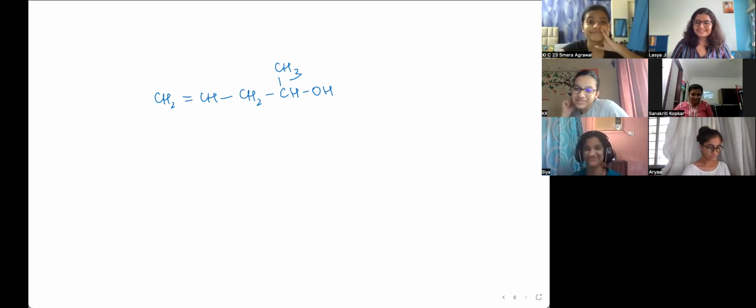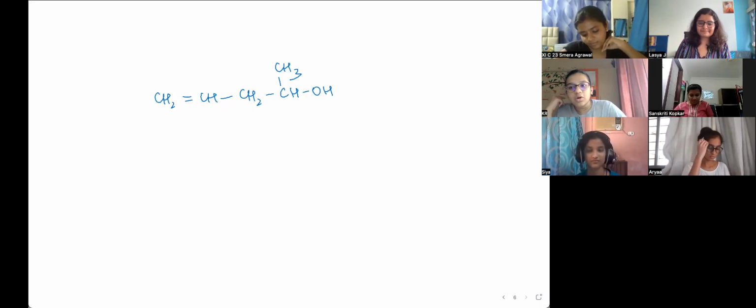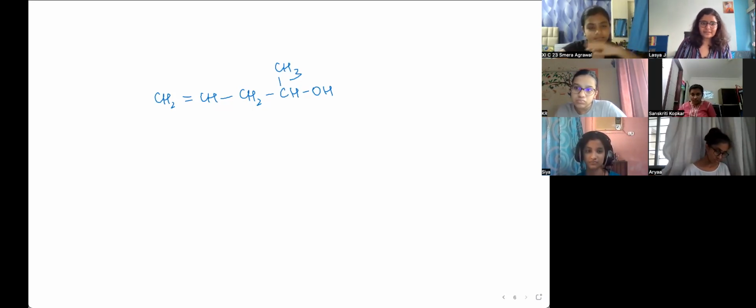We are giving preference to OH over double bond, right? Yes. So if it's OH at the end, what will we say for the double bond? Double bond हमेशा is ene. But अगर यहाँ पे अच्छा butanol.